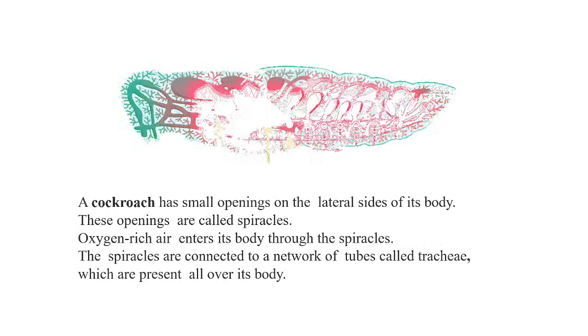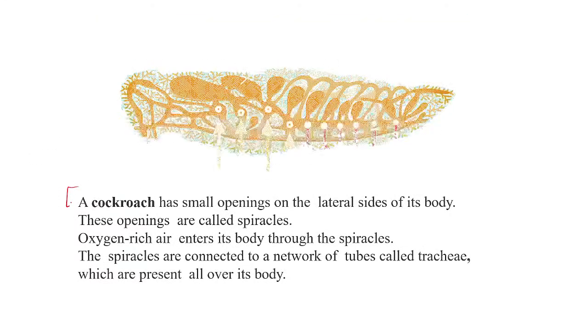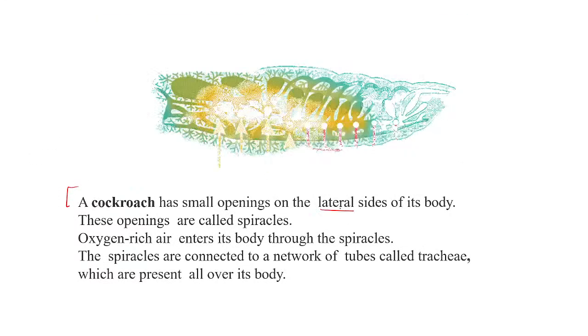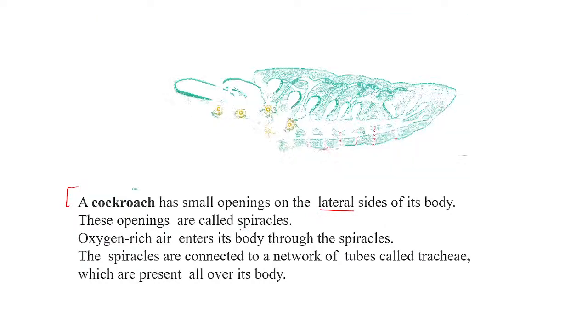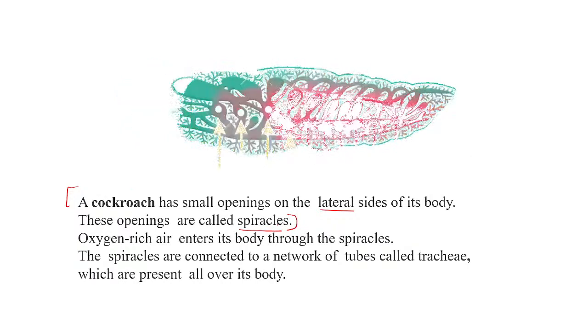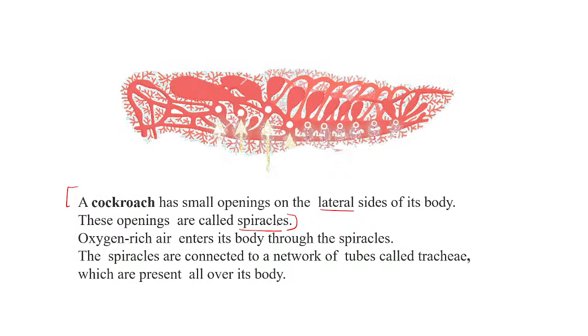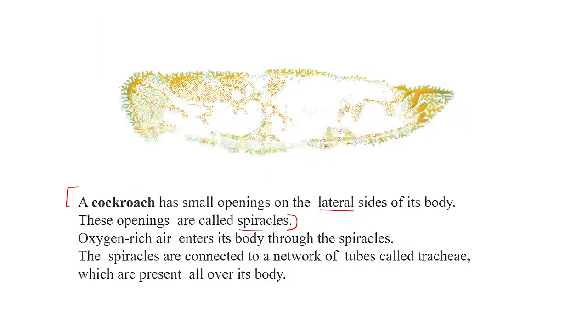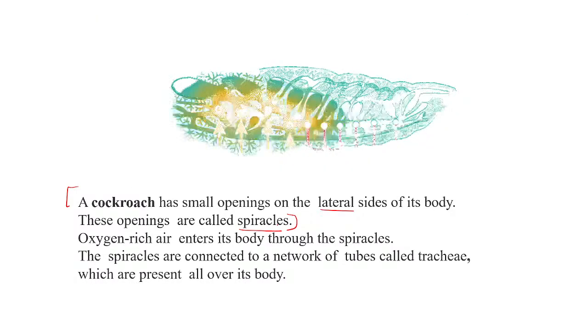So there is a tracheal tube-like structure which helps in movement of oxygen throughout the body. The cockroach has small openings on both sides of the body, and what are these openings called? Spiracles. So the oxygen-rich air will enter through these spiracles. Spiracles are connected to a network of tubes called the trachea or tracheal tube.